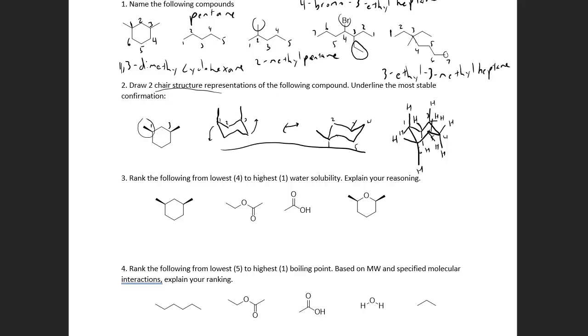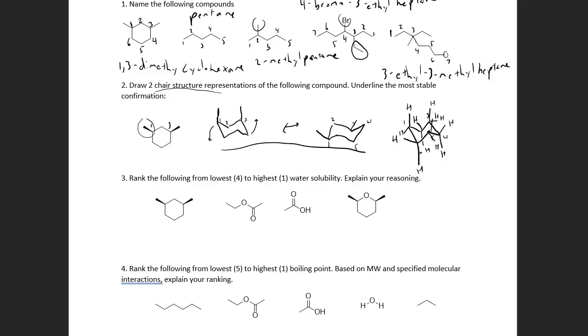All right, next, rank the following from lowest to highest in water solubility. So this is a little bit tricky, and there's nothing wrong with looking these up, especially at this point for where you're at. But with the hydrogen bonding potential of the carboxylic acid, you've got dipole-dipole effect, and you've got hydrogen bonding effect. So this is going to be the most water soluble.